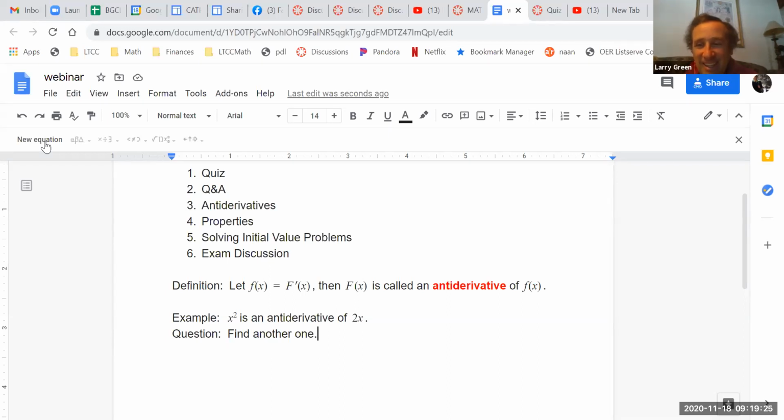It's really easy if you know what to do, if you think about it. And if you don't, you won't get it. No, not another example. Another antiderivative of 2x. So maybe I'll put it in more words.